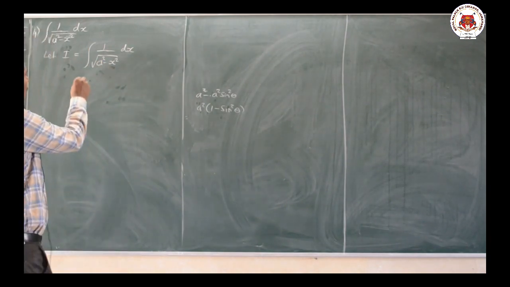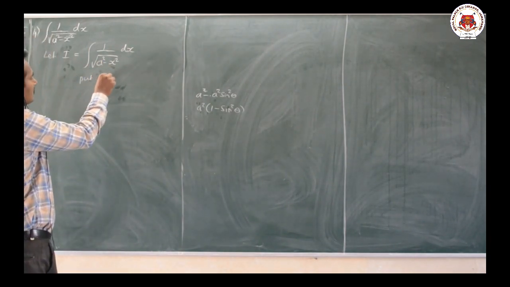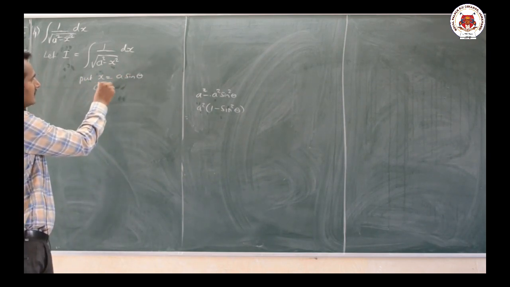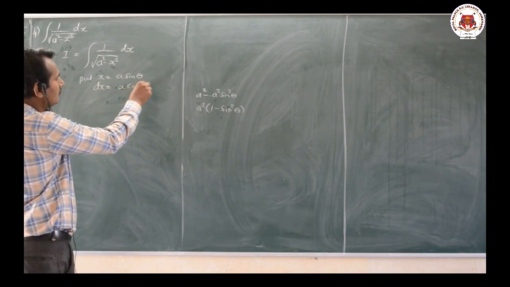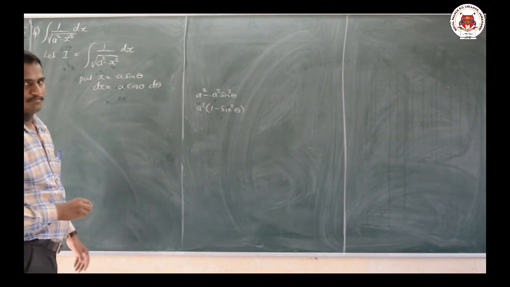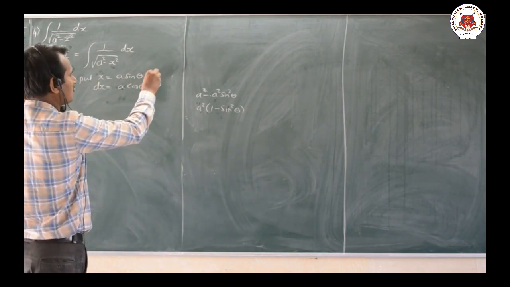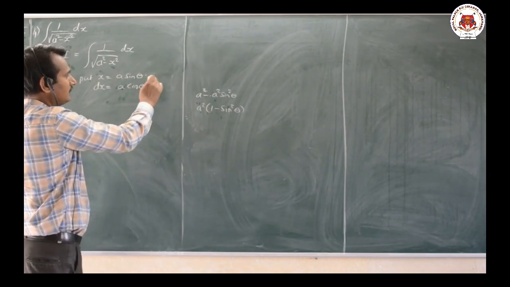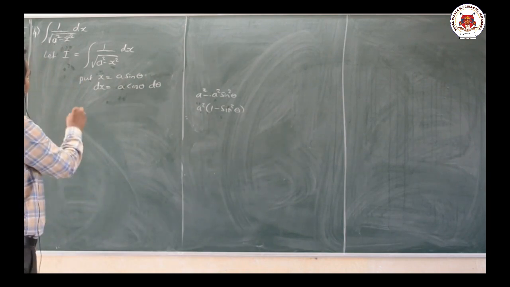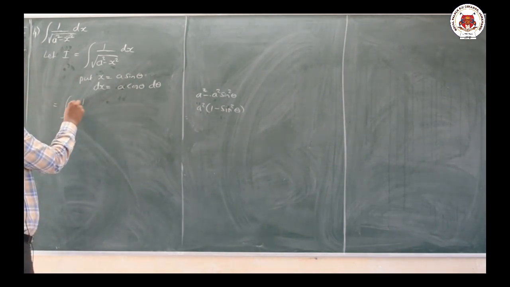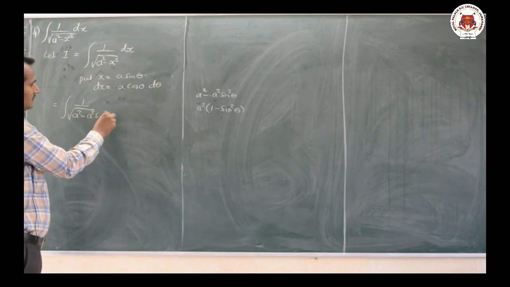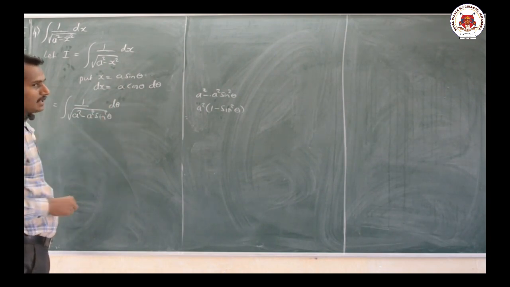Now what substitution can I take here? Put x equal to a into sin theta. That implies dx equals a into cos theta d theta. Theta is equal to sin inverse of x by a, which we shall see afterwards. So the integral equals integration of 1 divided by root of a square minus a square sin square theta into d theta.